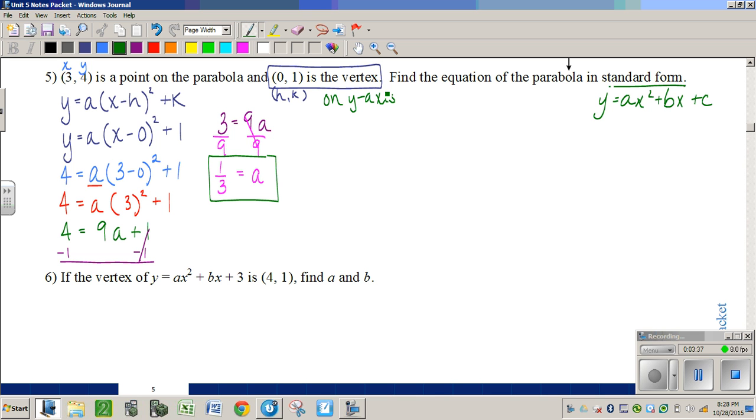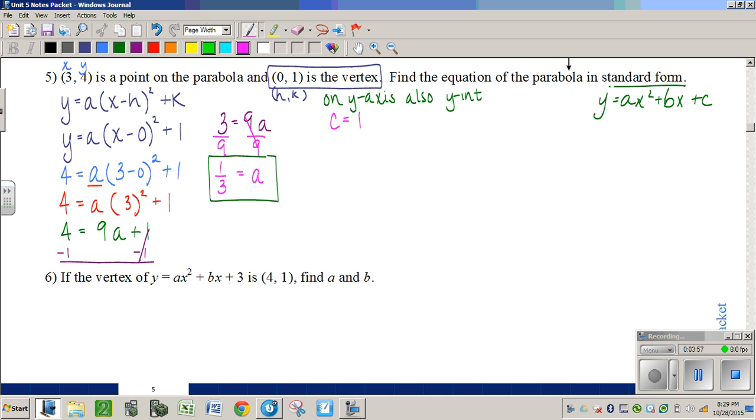So if it's on the y-axis, it's also the y-intercept. So this actually gives us two pieces of information. It gives us the vertex, and it also gives us the y-intercept. So we now know that our c value is actually 1. So I've got an a value and I've got a c value.